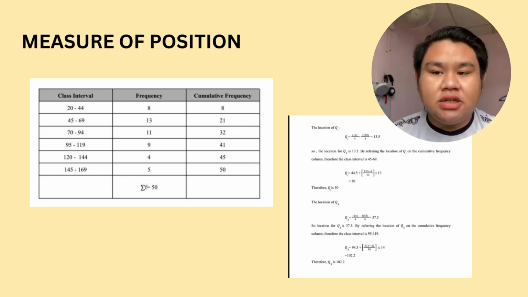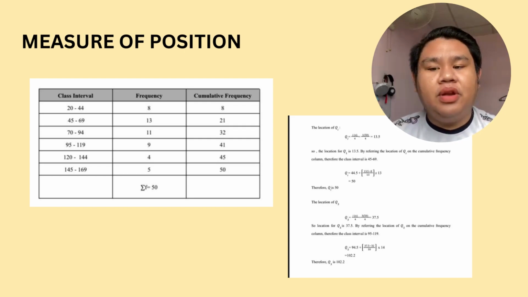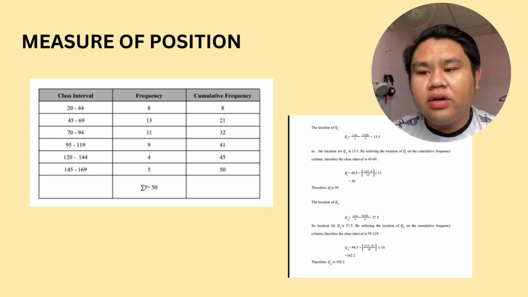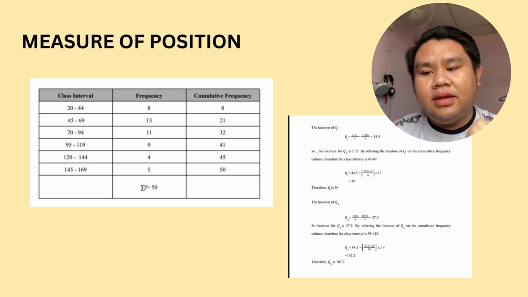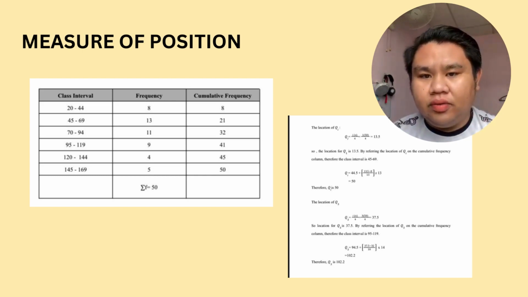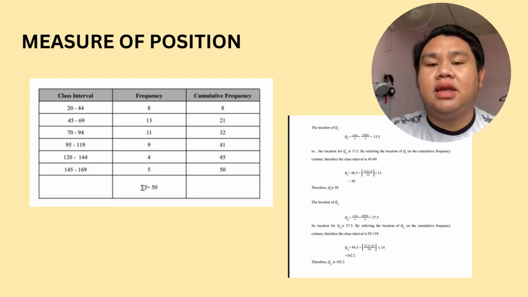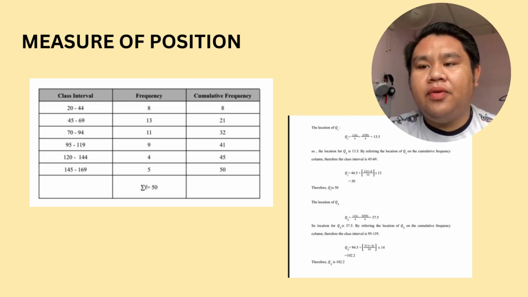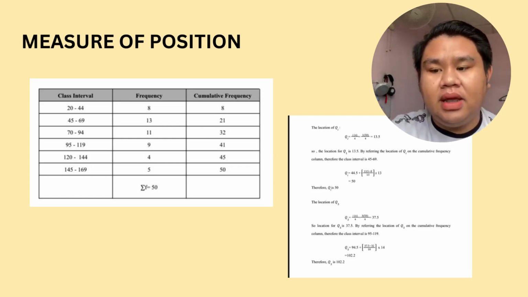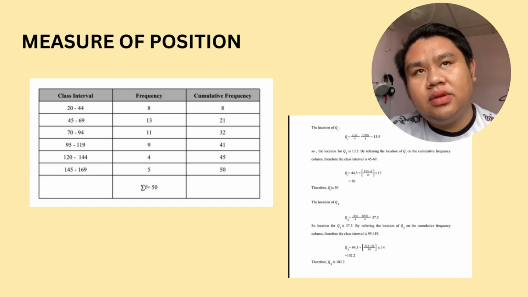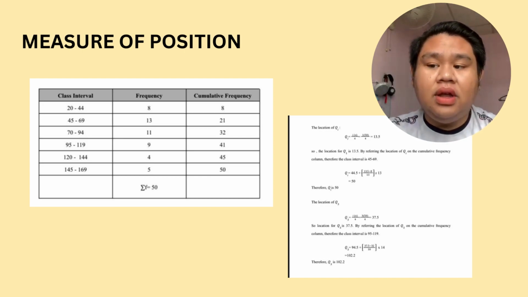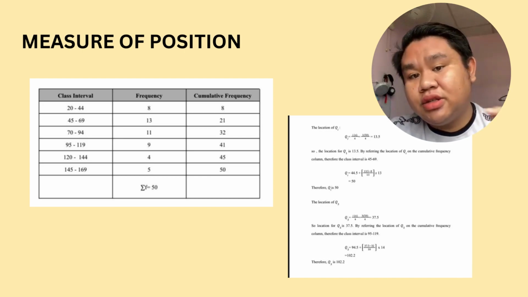By comparing the location of Q3 in the cumulative frequency column, the class interval is 95 to 119. So we calculate following the formula, and we get 102.2. Therefore Q3 is 102.2.